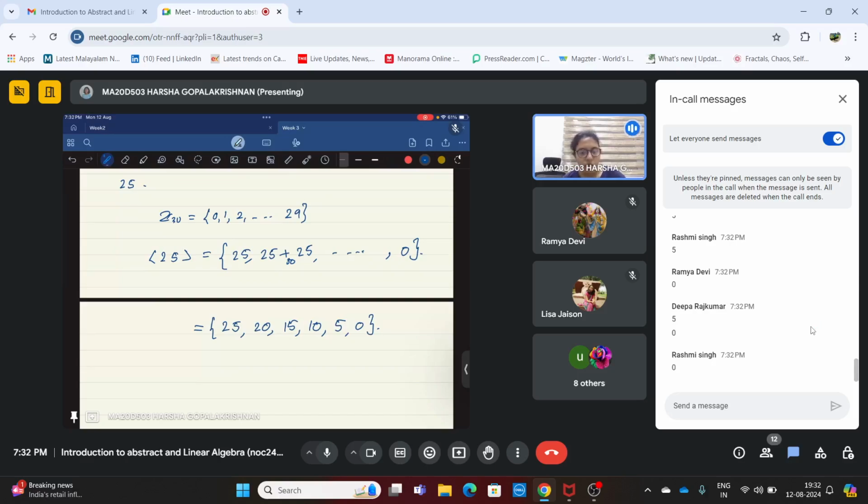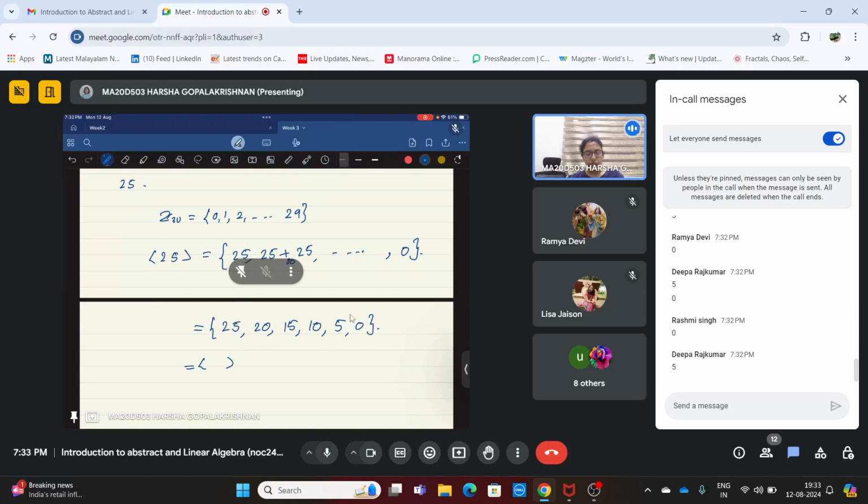So we got the group generated by 25. Can anyone say one more generator for this? From this you can very quickly say one more generator, an easy generator. 25 is a generator we have seen.